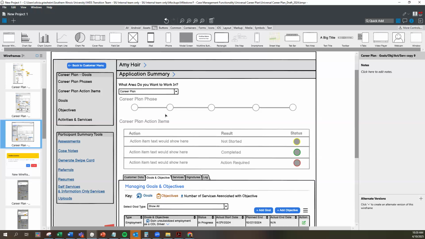For youth we can have action items that a follow-up goal needs to be added because all youth are required to go through follow-up. And then when we see folks go into employment for adult and dislocated worker and now they trigger the follow-up, like they exit with unsubsidized employment, we can note that, hey, we need a follow-up goal here to be aligning with the services and activities they're receiving.